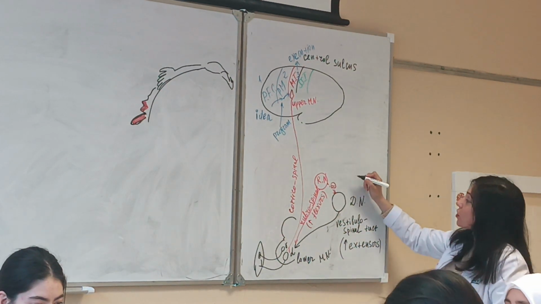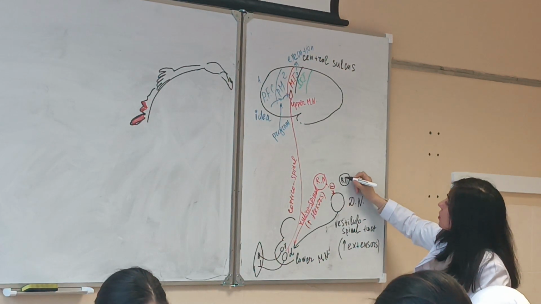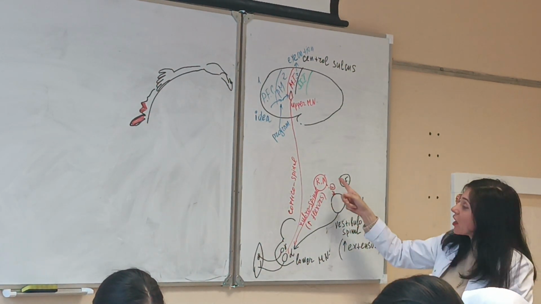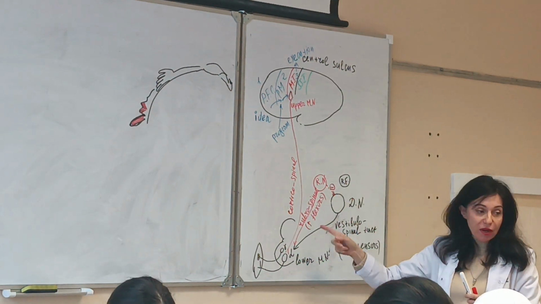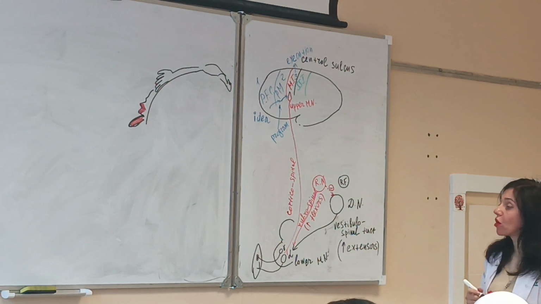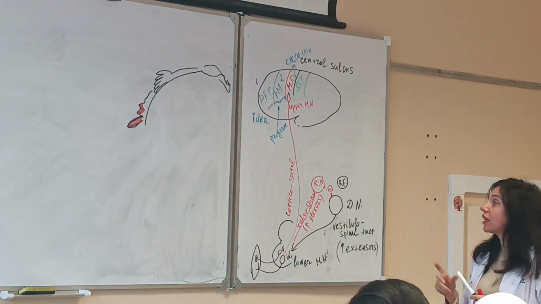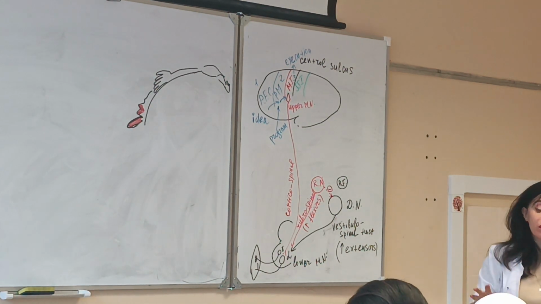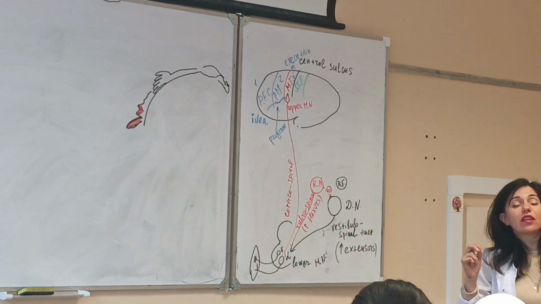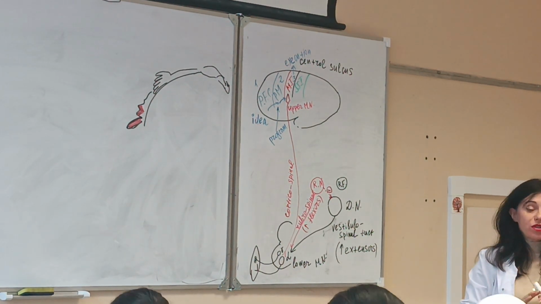Another structure is the reticular formation, which forms the reticulospinal tract. It has different effects: it can influence with stimulation or inhibition, plus or minus.